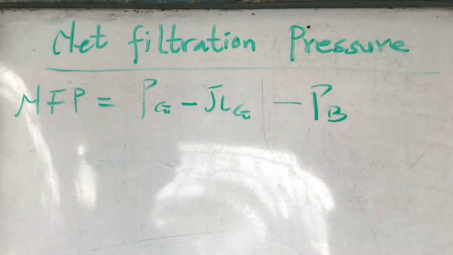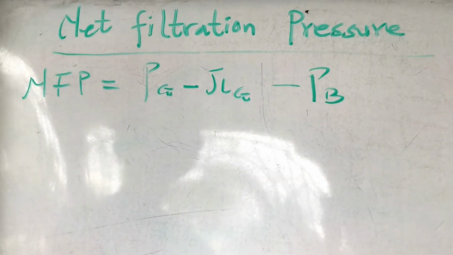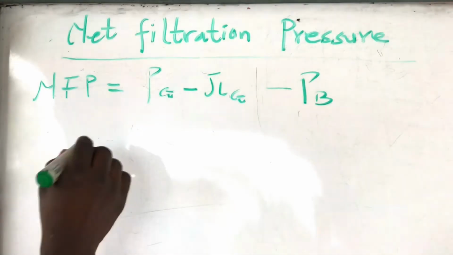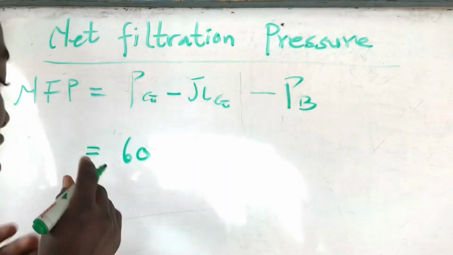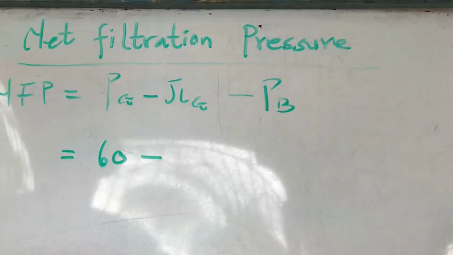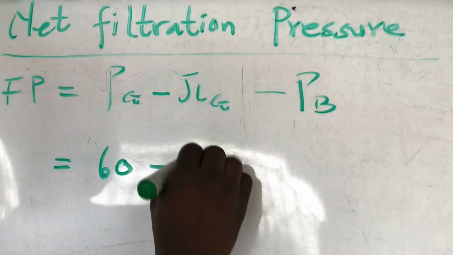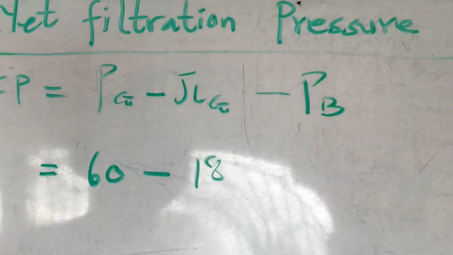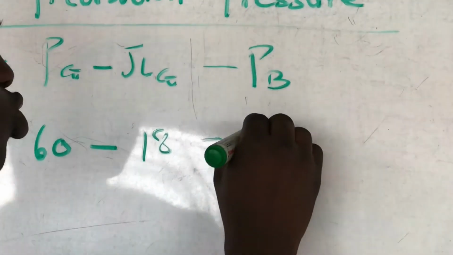Right, so let's look at the calculation of the net filtration pressure of a healthy man. For a healthy man, the Pg, the hydrostatic pressure of the glomerular, is 60 millimeter mercury, the oncotic pressure of the glomerular is 18 millimeter mercury, and the hydrostatic pressure in the Bowman is 32.